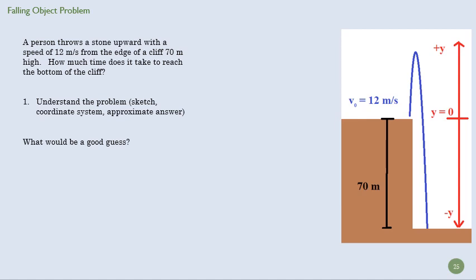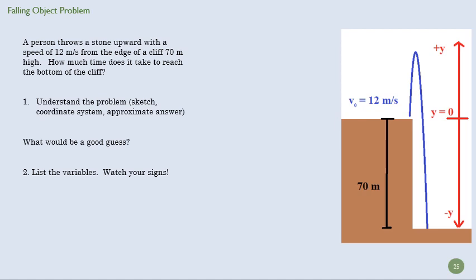So it's not going to be less than a second. It's going to take more time for that stone to fly up there. But these are also human scale distances, and so it's not going to be in the air for certainly more than 10 seconds. So we expect an answer somewhere between 0 and 10 seconds. That gives us a framework in which to look for our answer.